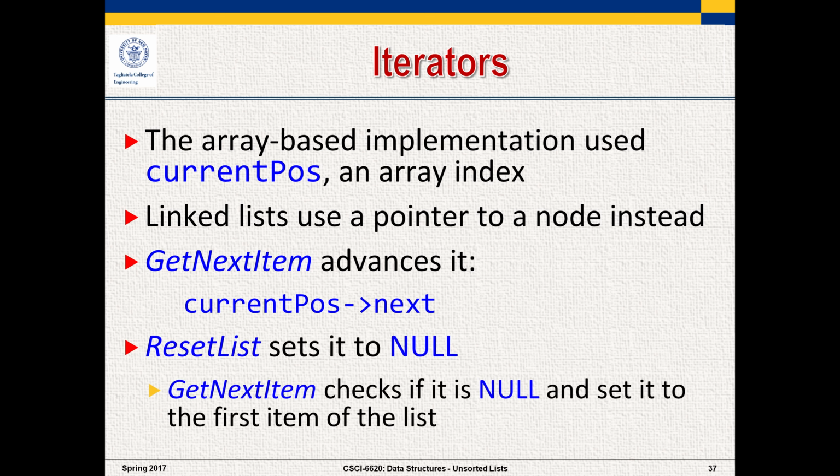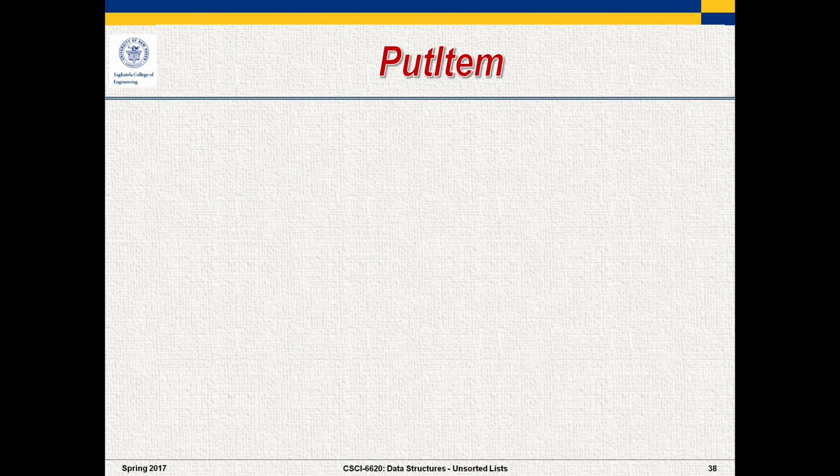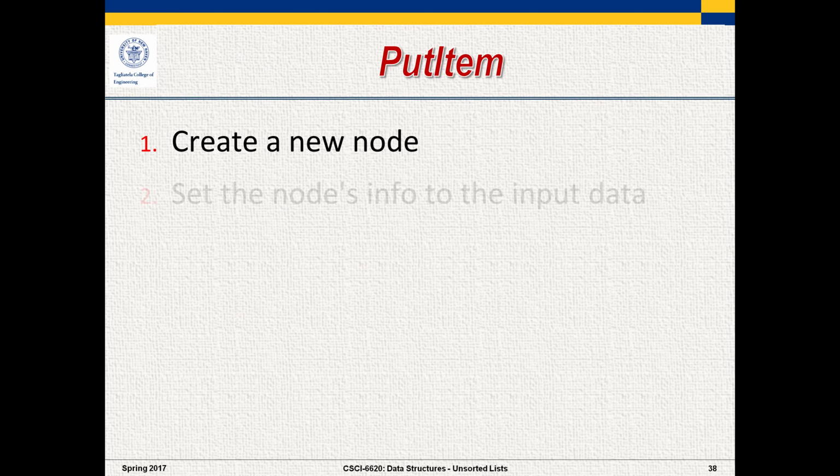ResetList, of course, sets the pointer back to the beginning, simply sets it to null. Okay, and GetNextItem will check if it's null and set it to the first item in the list in that case. PutItem, using our linked list implementation, creates a new node.